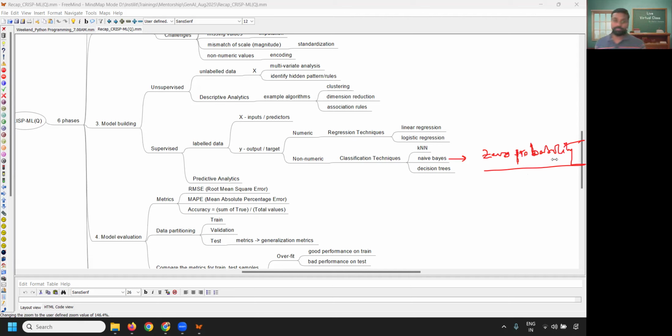Laplacian smoothing is again represented as K, or in Python it is represented as alpha. It cannot be equal to 0. It has to be anything but 0, any positive number.